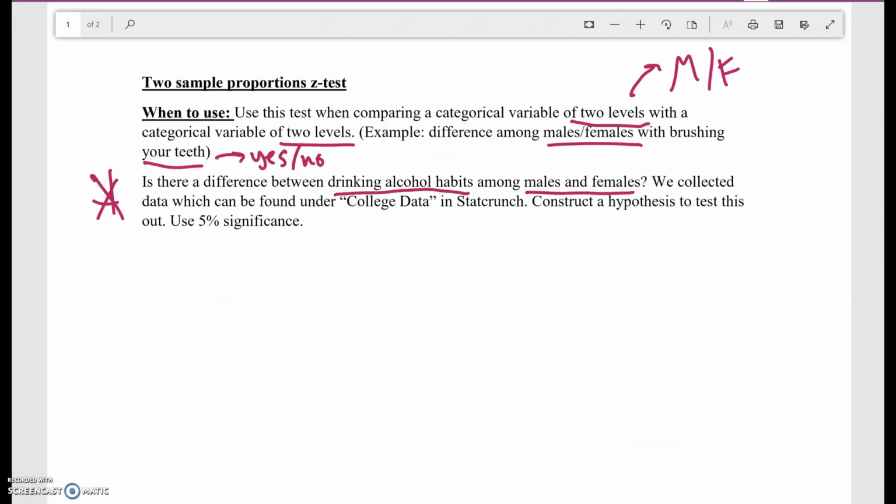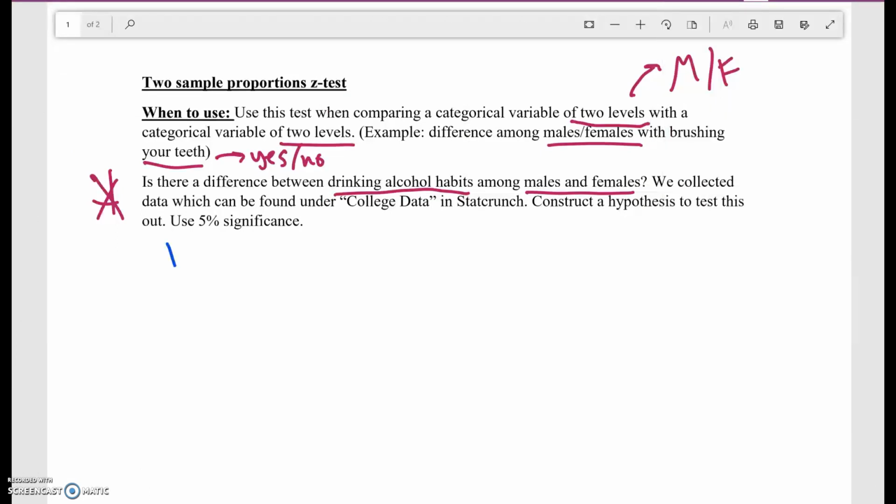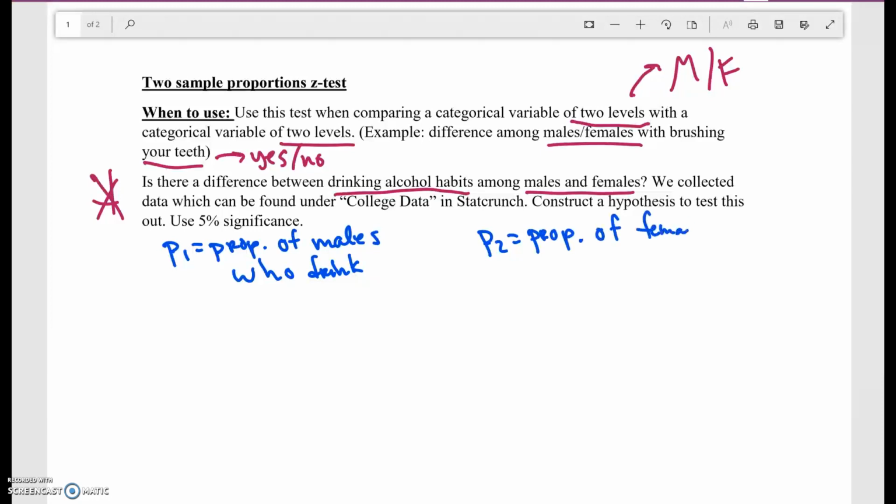So the way that we're going to do this is the following. We're going to set 2 different variables. One of them is going to be called P1. This is going to be the proportion of males who drink. Then P2. This is going to be the proportion of females who drink.